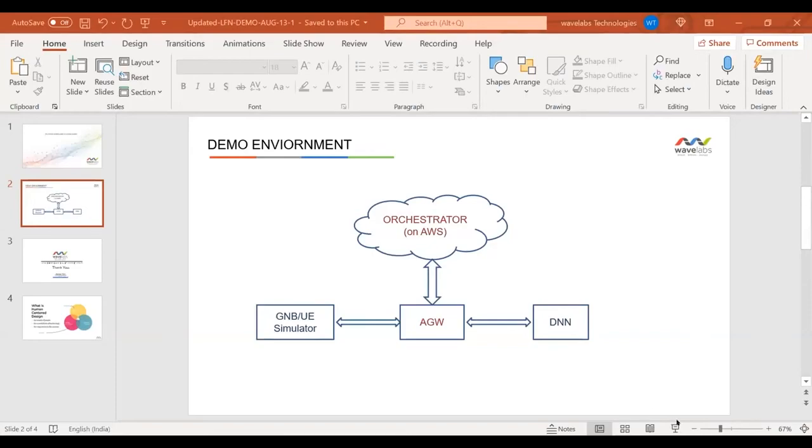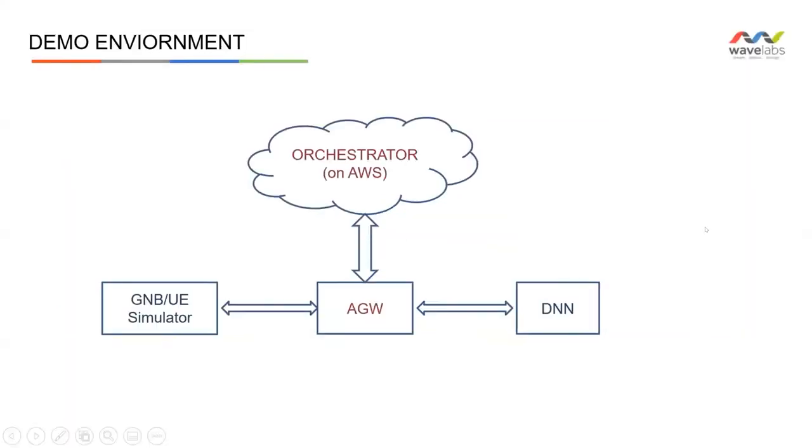Suresh, thanks. Maybe Padman, I can just show the demo use case and then start from there. Padman, are you able to see my slide? Yes, go ahead, Yogesh. Sure, thanks. Hello, everyone. This is just a layout of the demo environment.